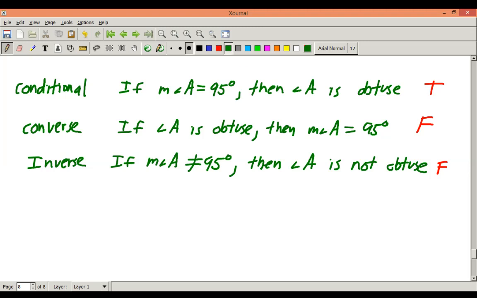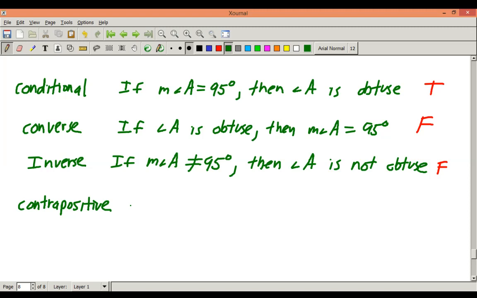The last thing that we need to consider is the contrapositive. So the contrapositive is formed when you not only switch the hypothesis and conclusion, but you negate both of them. So look back at your conditional and then switch the hypothesis and conclusion and negate both.